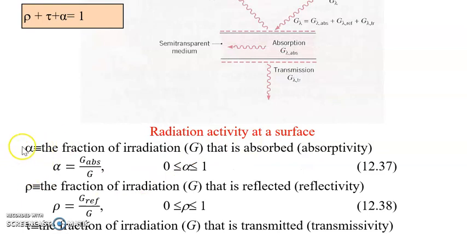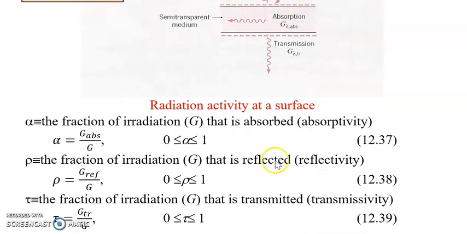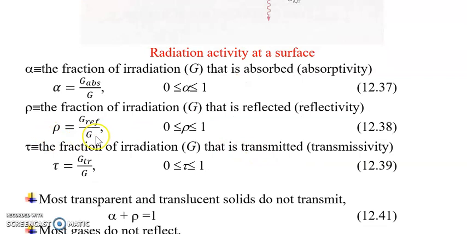So alpha, the absorptivity, is the fraction of irradiation that is absorbed by the surface. Rho, the reflectivity, is the fraction of irradiation that is reflected by the surface. It is a portion with respect to the irradiation.